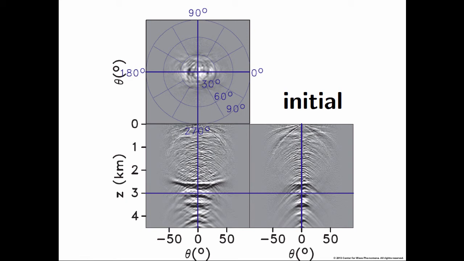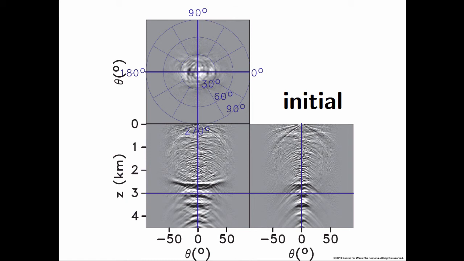So here are the 3D angle gathers, which are constructed for all reflection angles from -90 to +90, and for all azimuth angles from 0 to 360. As I will give you more details about the gathers later, now let's only focus on the part most relevant to our velocity model building.